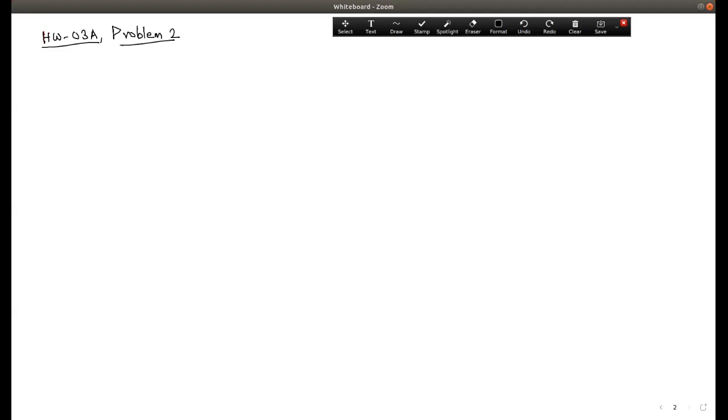This is problem 2 in homework 3A. This discusses an aeroplane that is flying horizontally at a speed of 50 meters per second. So an aeroplane flying horizontally, that's important in the sense it is not moving in the y direction.